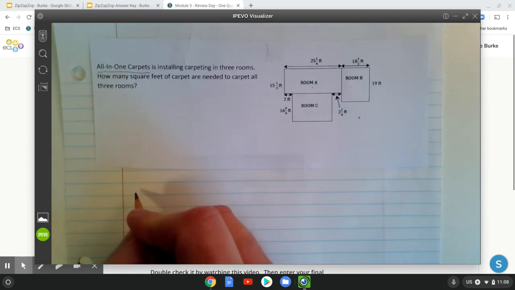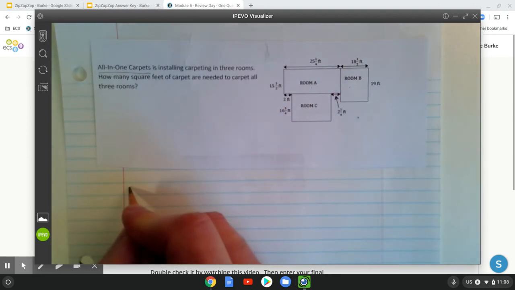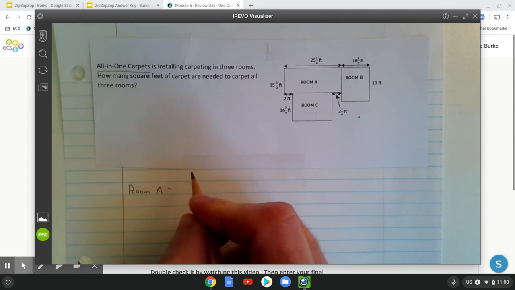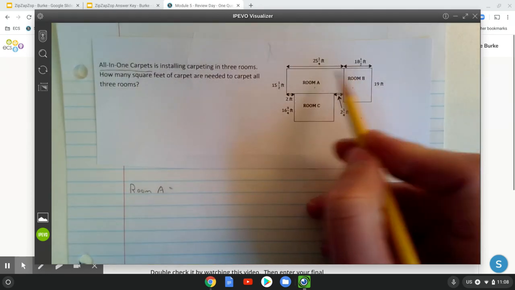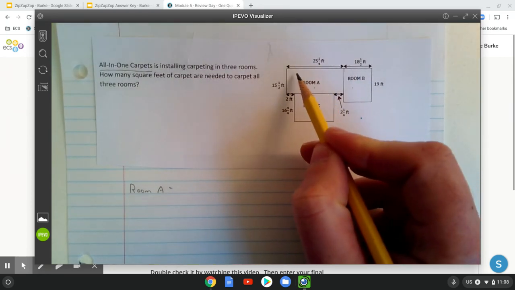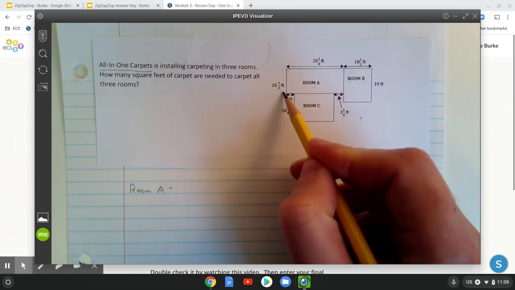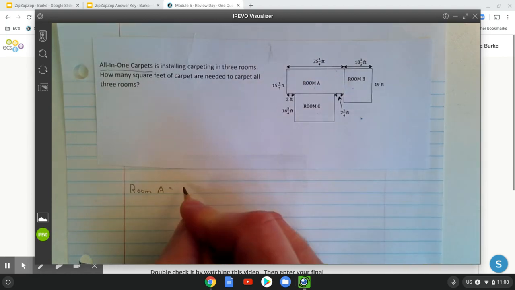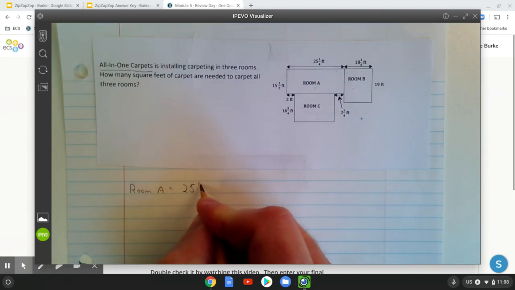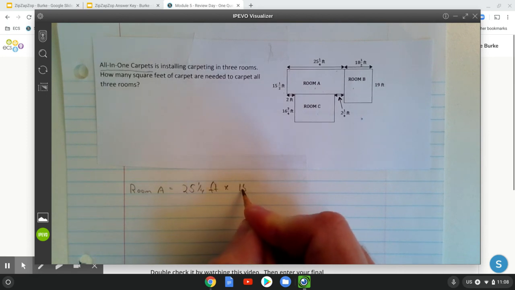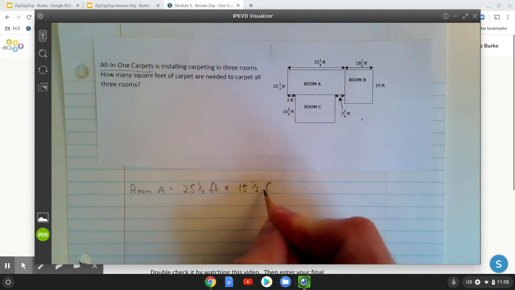So the area of room A. What are the dimensions, the length and the width? It's 25 and a quarter times 15 and a half. All right, so 25 and 1/4 feet times 15 and a half feet.